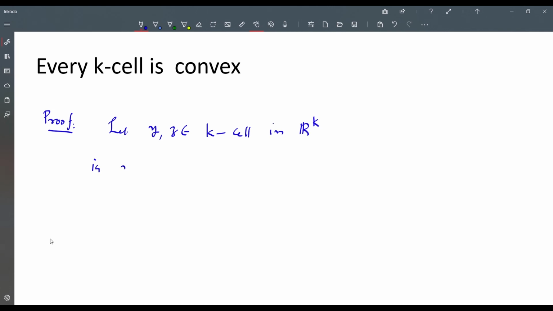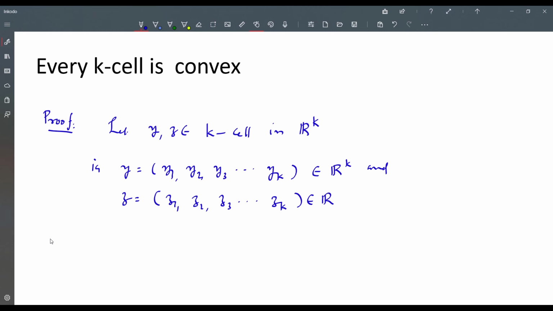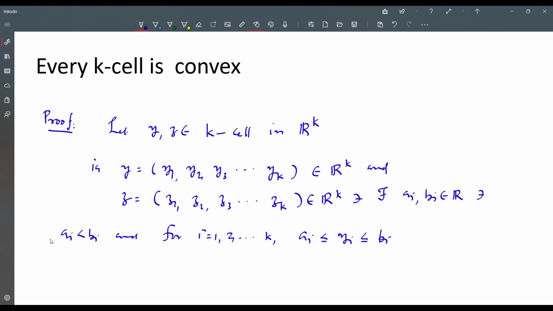That is, y = (y1, y2, y3, ..., yk) belongs to R^k and z = (z1, z2, z3, ..., zk) belongs to R^k, such that there exist ai, bi in R with ai < bi, and for i = 1, 2, ..., k, ai ≤ yi ≤ bi and ai ≤ zi ≤ bi.